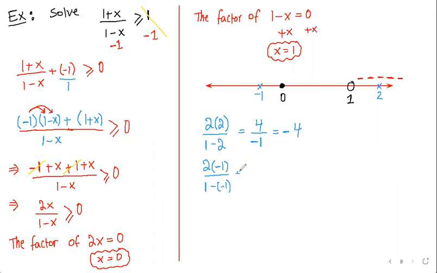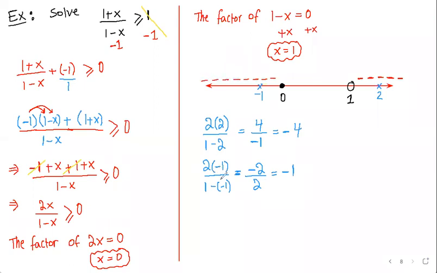What do I get? Negative 2 over 2, which means a negative number, negative 1. So again, here it is negative.